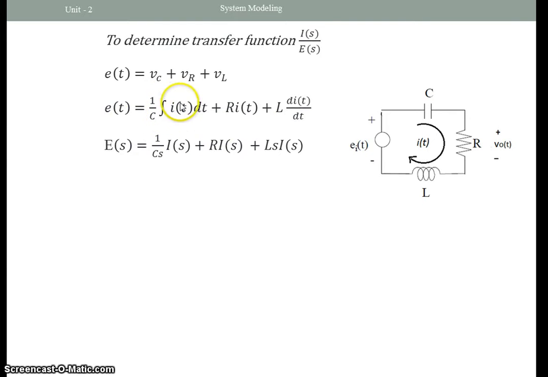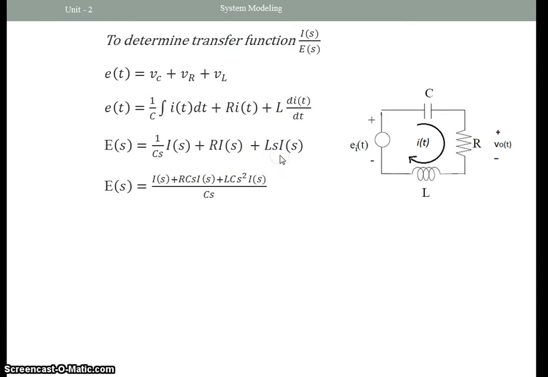So this voltage across the capacitor will have its Laplace transform equivalent to this term. This is the voltage across the resistor, this term, and the voltage across the inductor in terms of Laplace transform is this term.